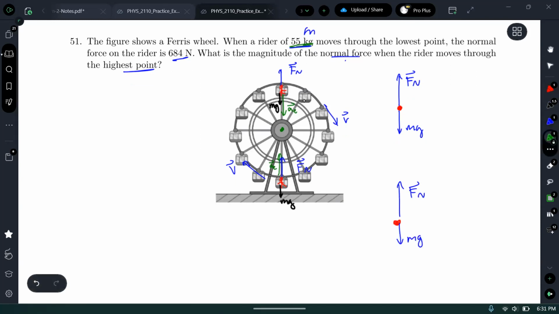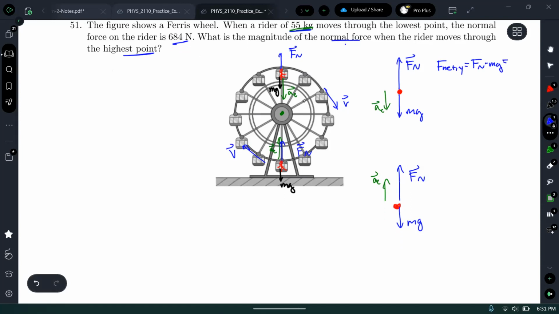One thing that's not on the free body diagram, but that I can point out to myself, is that the accelerations are not identical. They point in different directions. So I would look at my net force, in this case, only in the y direction. It's normal force minus mg. And then same here.